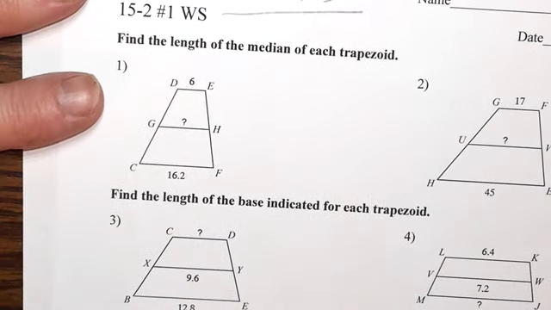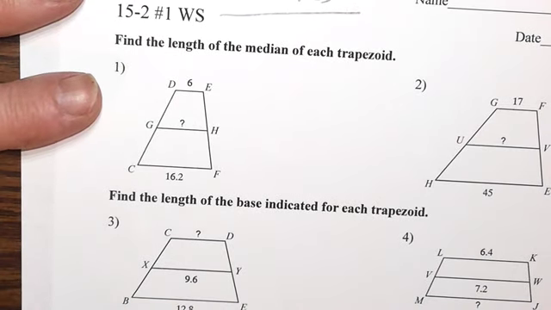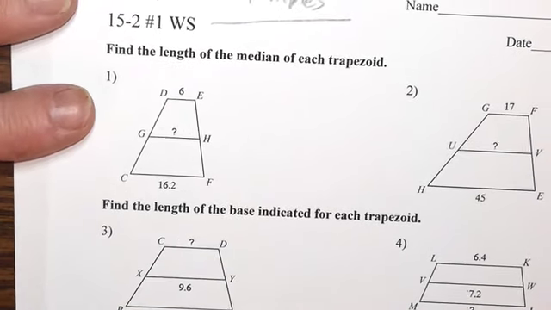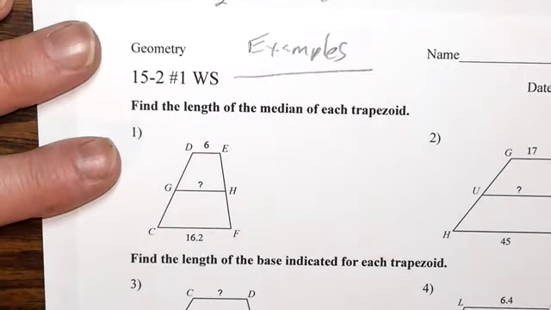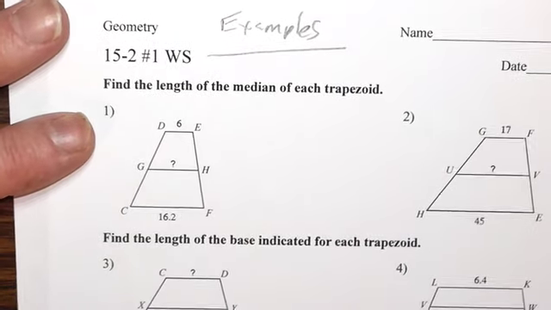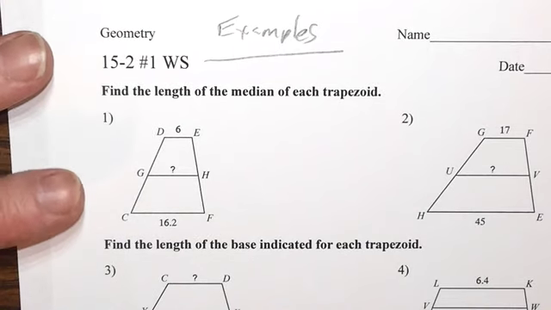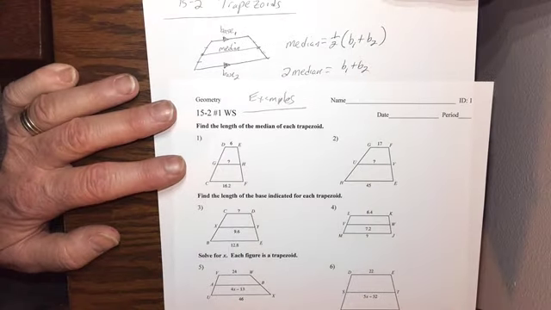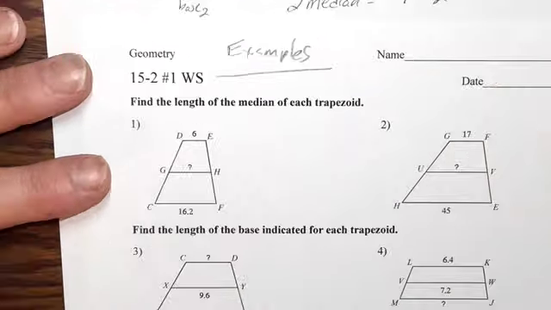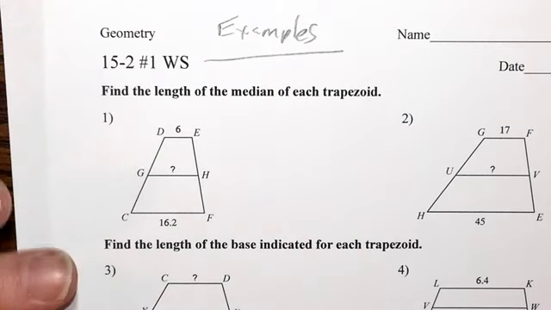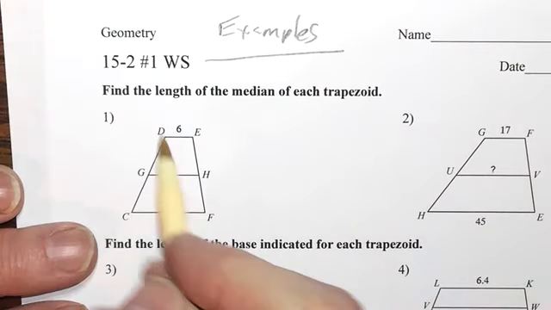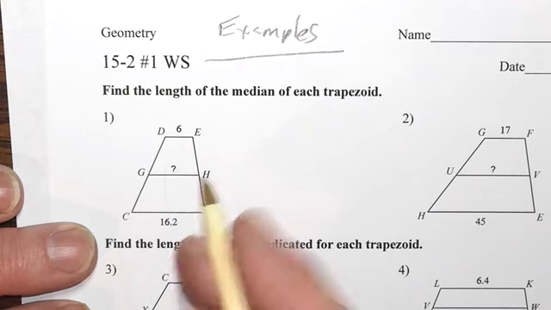Oops, this is really big. Make this a little smaller here. So let's say we're going to find the length of the median of this trapezoid. Okay, so I know that the median is half of this sum.